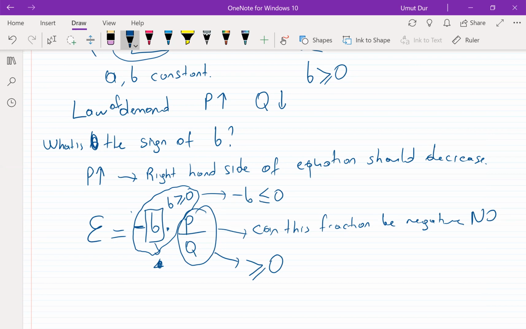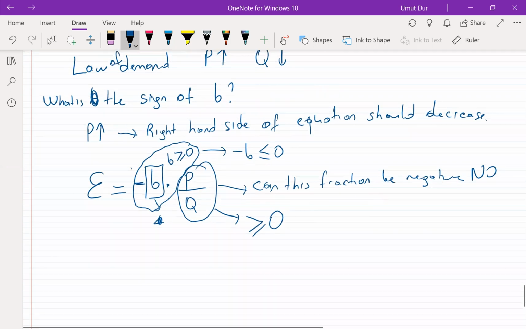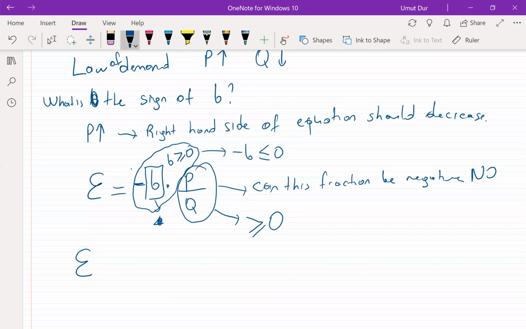Then what does this tell us? The elasticity will always be less than or equal to 0. This first term, minus P, is always less than or equal to 0. The second term, P over Q, is always greater or equal to 0. Then the product of those two things will always be less than or equal to 0.